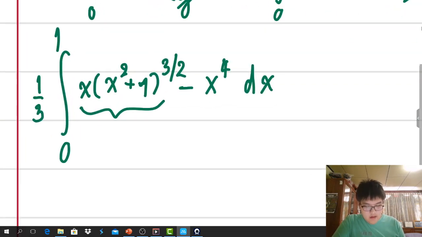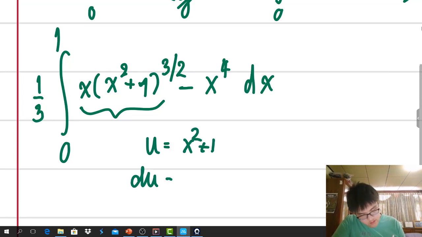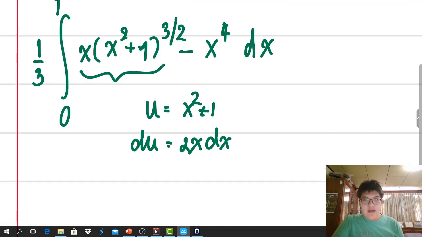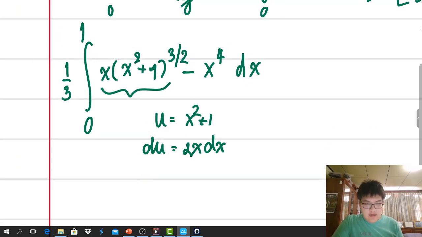We will substitute: let u equal x squared plus 1, so du equals 2x dx. The derivative of 1 is 0 because it is a constant, right? And then dx equals du over 2x.